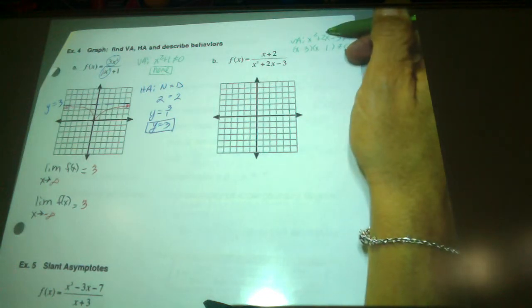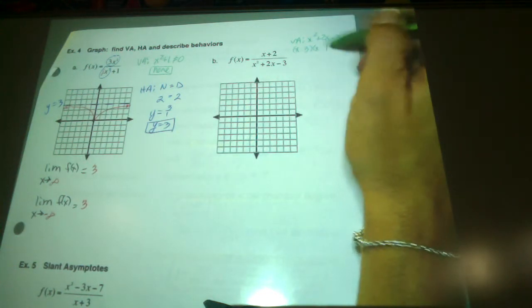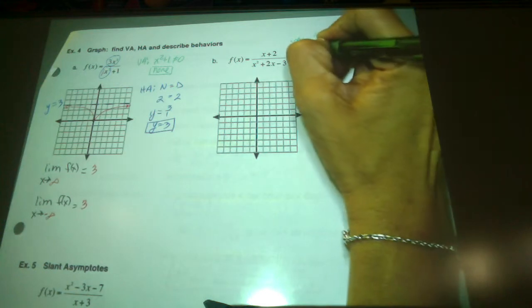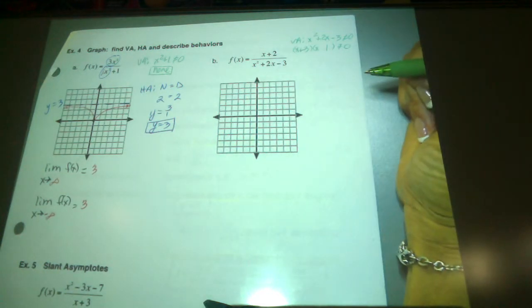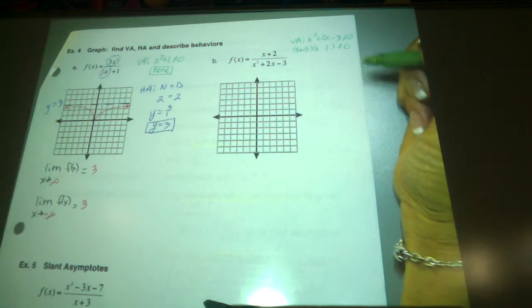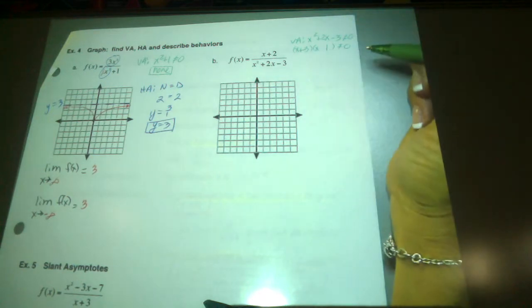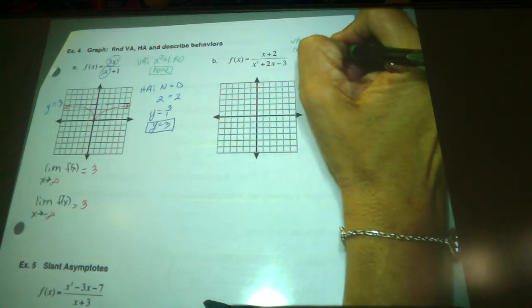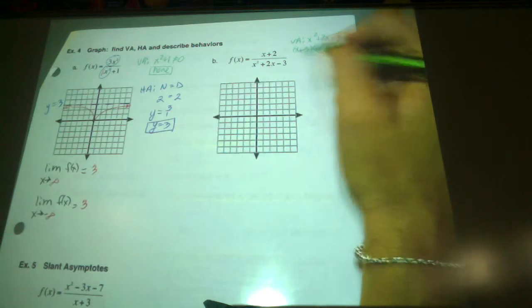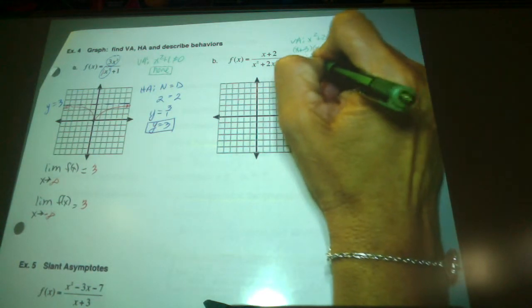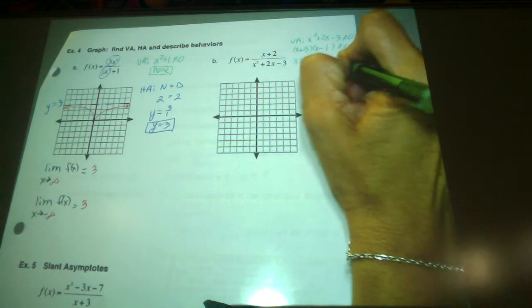I want my 2 to be positive, so the bigger of the 2 is 3. That means 3 is positive. What would the 1 have to be to make a positive term? It would have to be negative. So if those equal 0, x cannot equal negative 3, and x cannot equal 1.